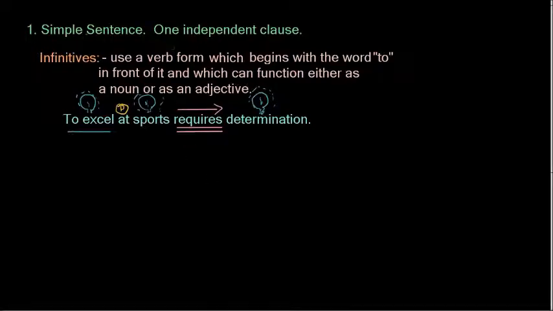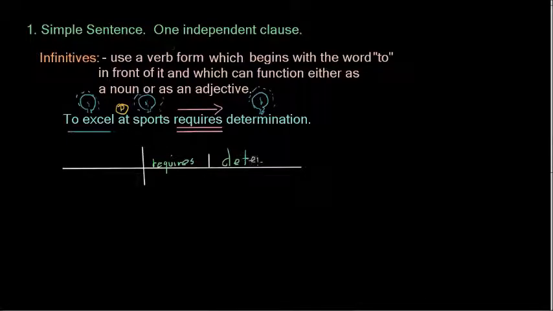Now, infinitives, like gerunds, have something that's a little unusual, to point out that they are different. Now we have our main verb is requires. Our direct object is the concept of determination.